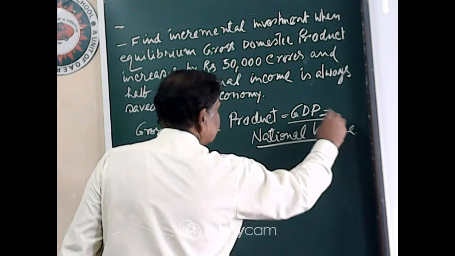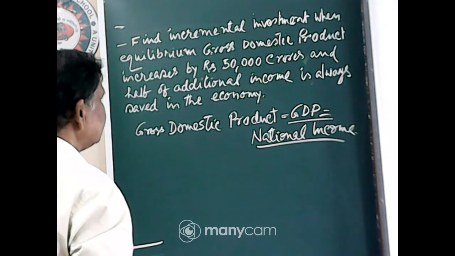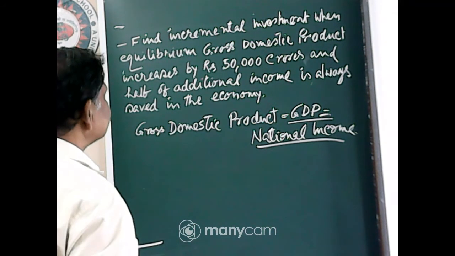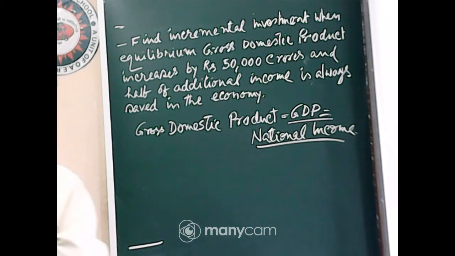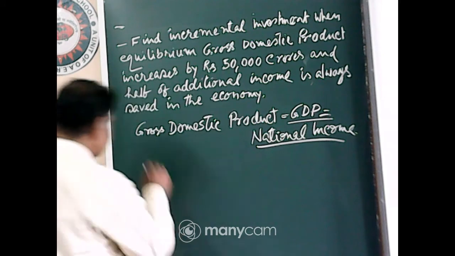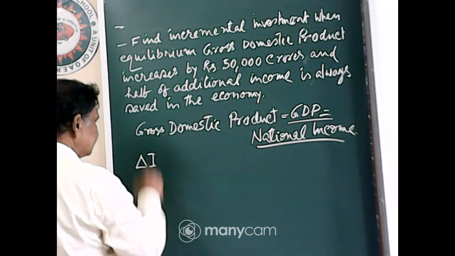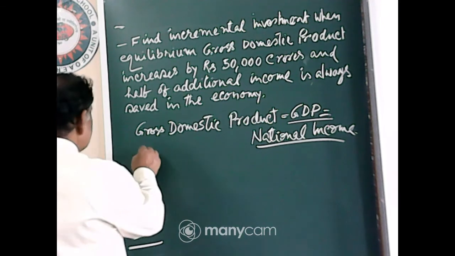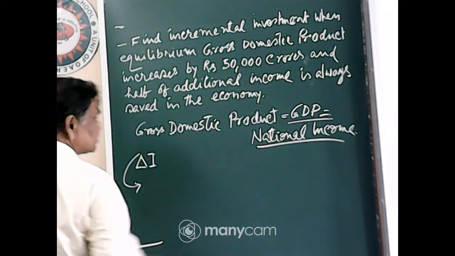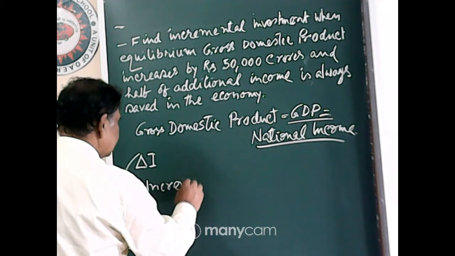So gross domestic product is equal to GDP is equal to national income. So find incremental investment. Incremental investment means delta I. Why delta I? That is increment. Delta indicates increment.